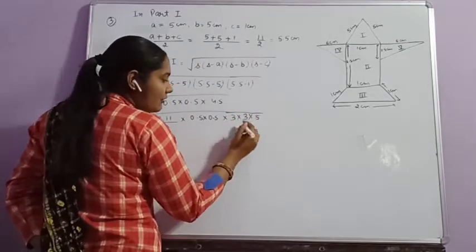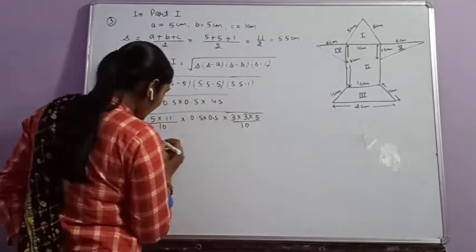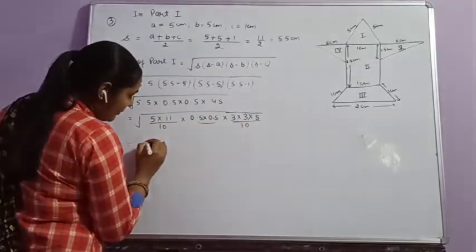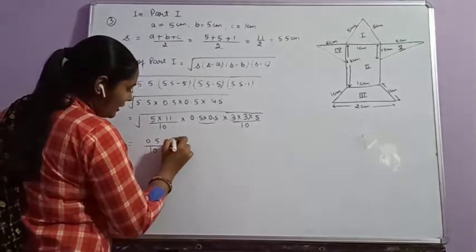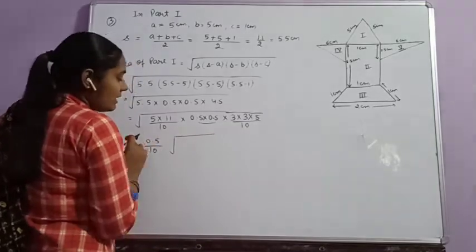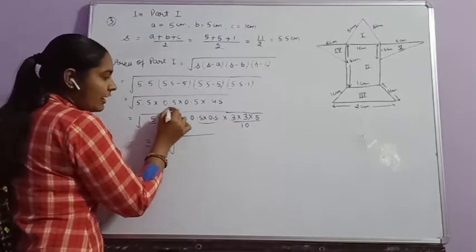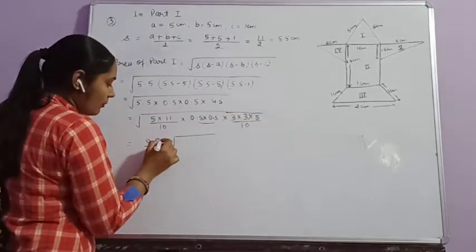3 3s are 9, 9 5s are 45, divided by 10. One pair of 0.5 is formed and one pair of 10 is formed in the denominator. Similarly, in the numerator, one pair of 5 and one pair of 3 is formed.